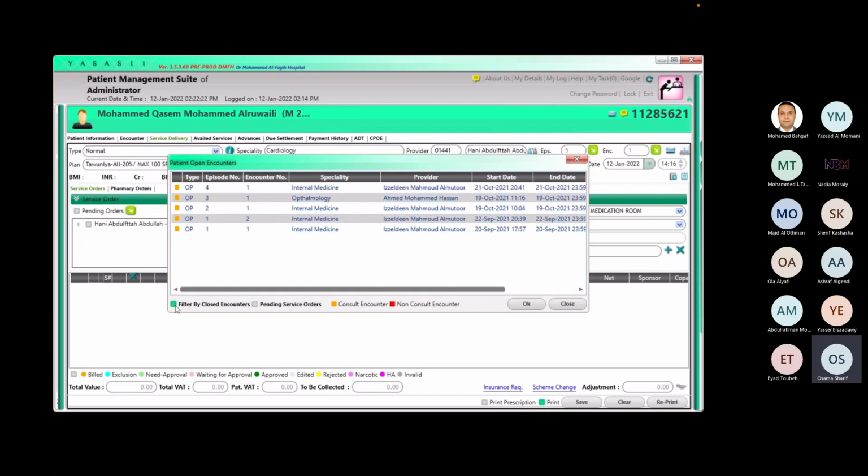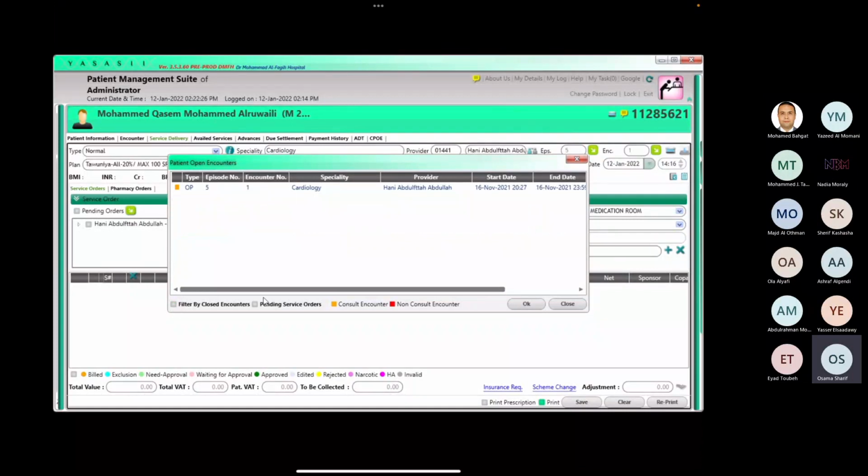There's another good feature also that it shows, but I'm not entirely sure whether or not it works. That is the pending service orders. This means that in the previous encounters, if doctors have ordered certain things and the patient has not yet availed those services, there are some services that are still pending to be billed. If you click on this, it automatically filters.